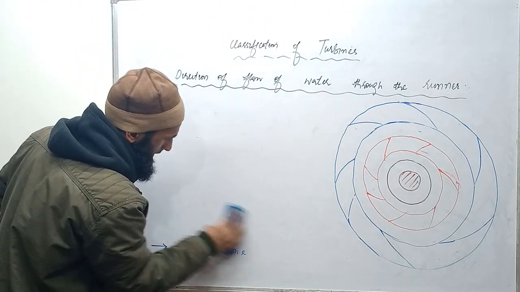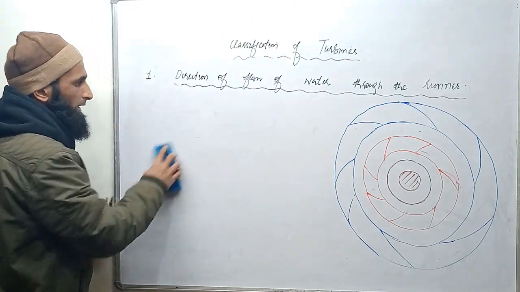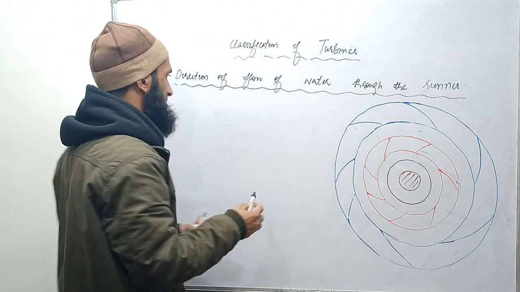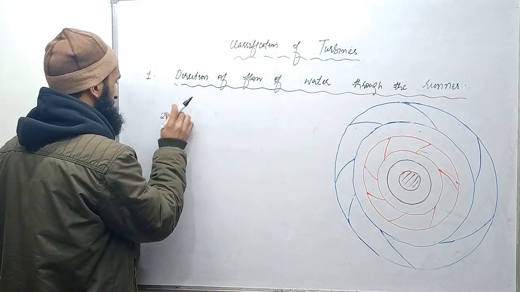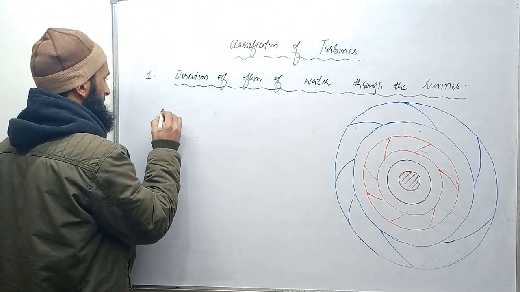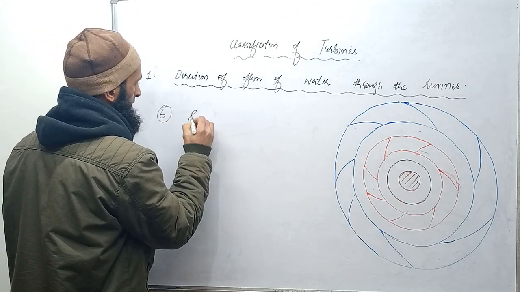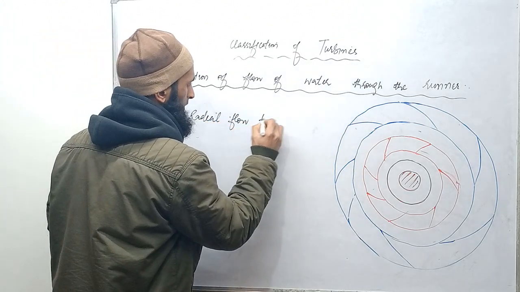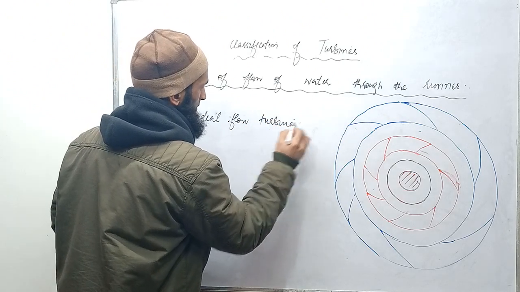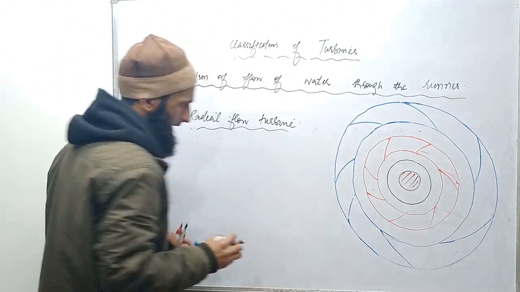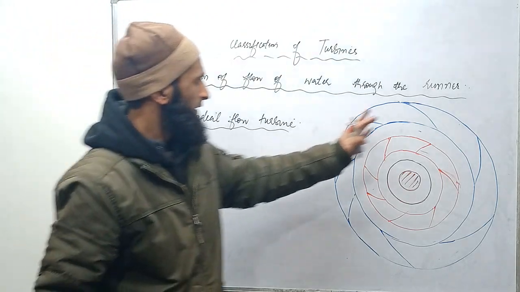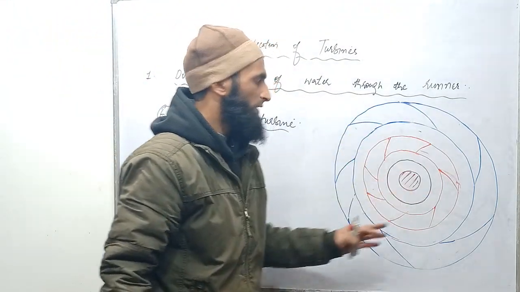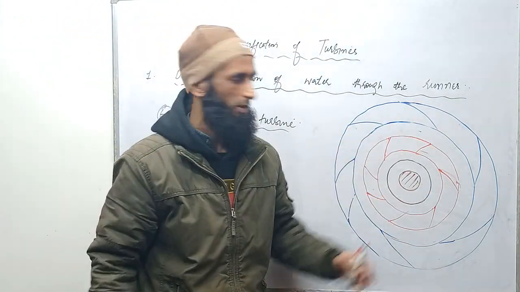The next one is radial flow turbine. This is the design of radial flow turbine.